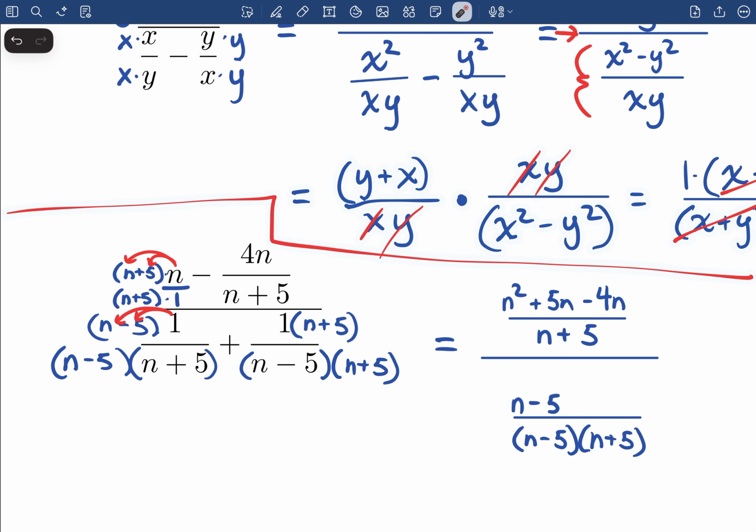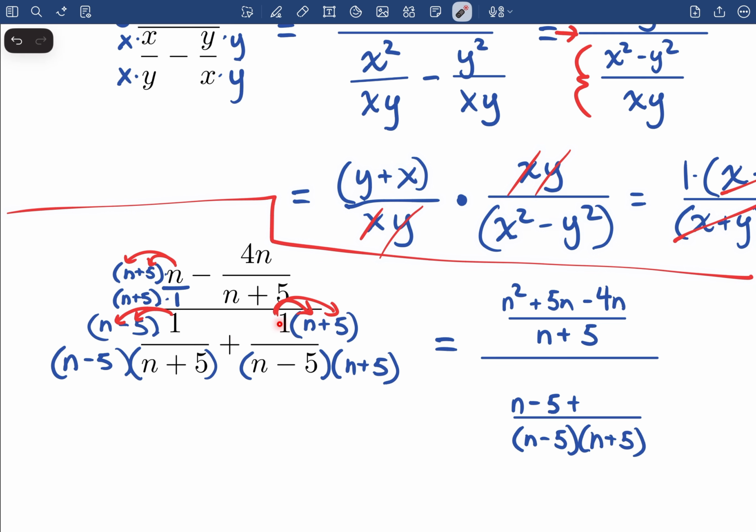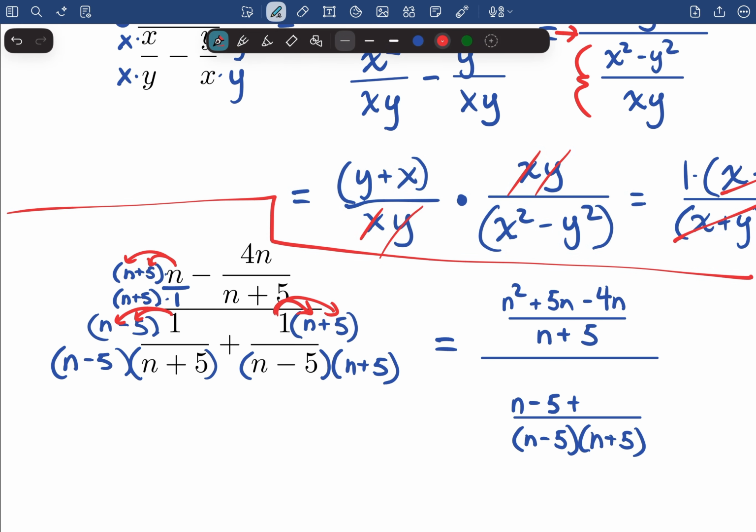Now I see this plus sign right here. Right, so I know I'm going to be adding these pieces. I'm going to distribute the positive 1 into both of these terms, right? That's a positive 1 times n. So I get a plus n. And then positive 1 times 5, it's a plus 5.